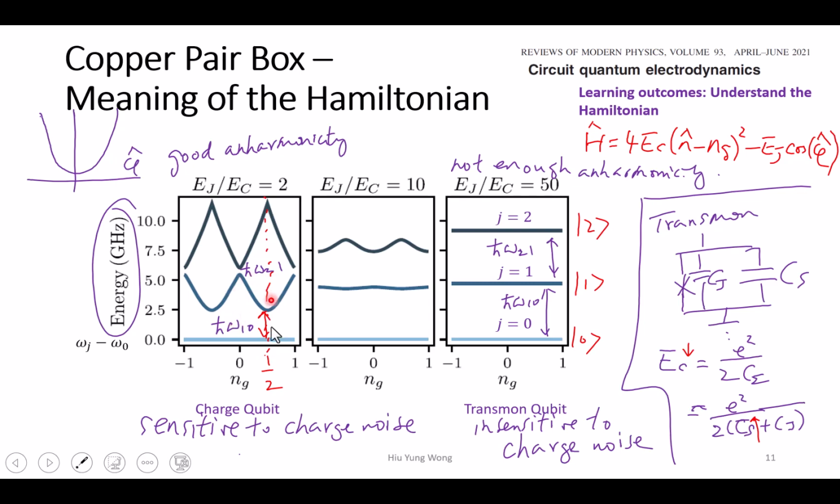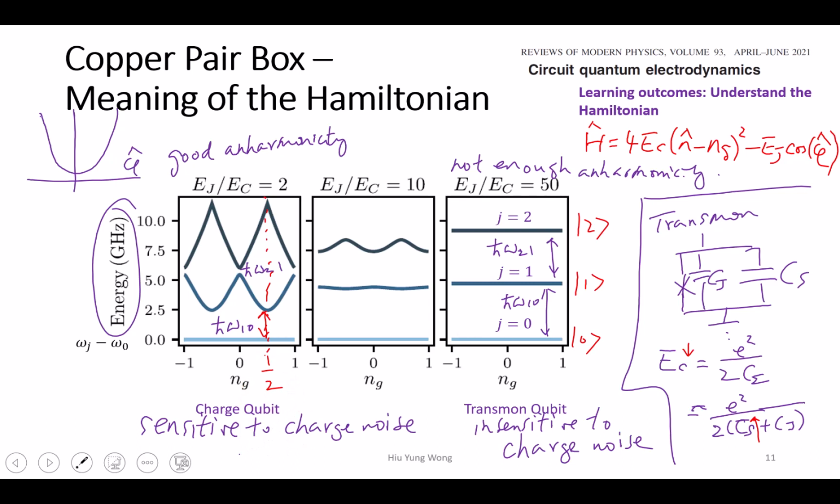Then you have a problem with your qubit, right? But if the EJ is very large, in this case, a little bit of change in NG does not change the Hamiltonian too much. That's why I have a pretty constant level regardless of the background charge. So then I have less charge noise. So that's why this regime is called the transmon qubit, and this regime is called the charge qubit, right?